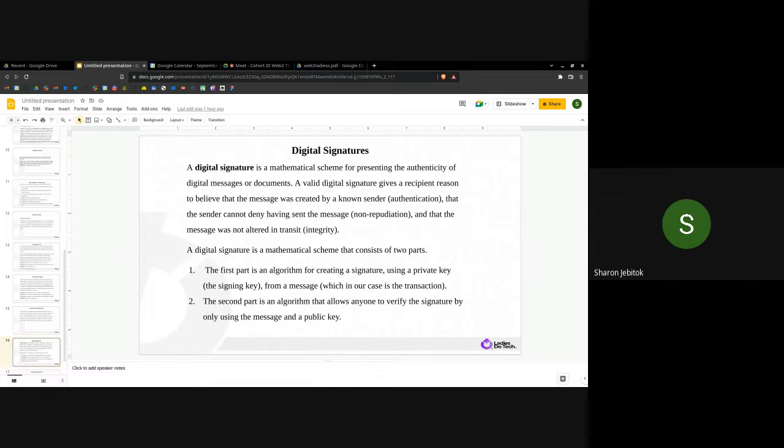This is non-repudiation. They can't deny having sent the message or that transaction, and the message was not altered in transit.